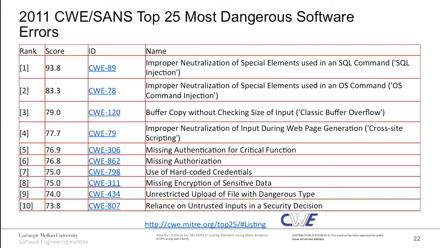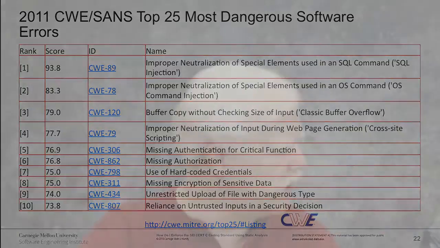What you're seeing here is a set of the top 10 of the top 25 CWEs that was judged by both MITRE and SANS to be the most important, the most critical problems to fix. I should add that this top 25 list comes because there really isn't a similar prioritization metric for CWEs.